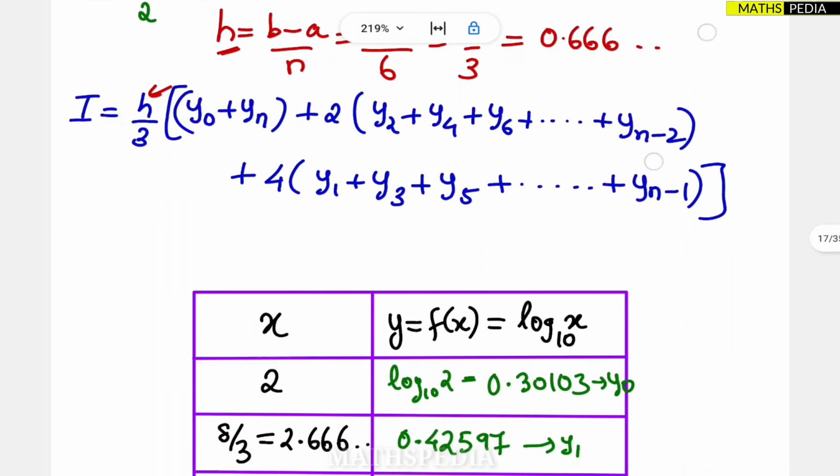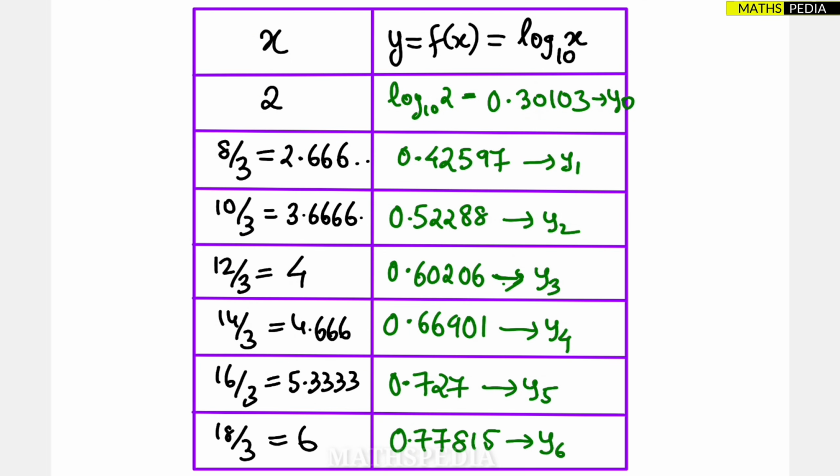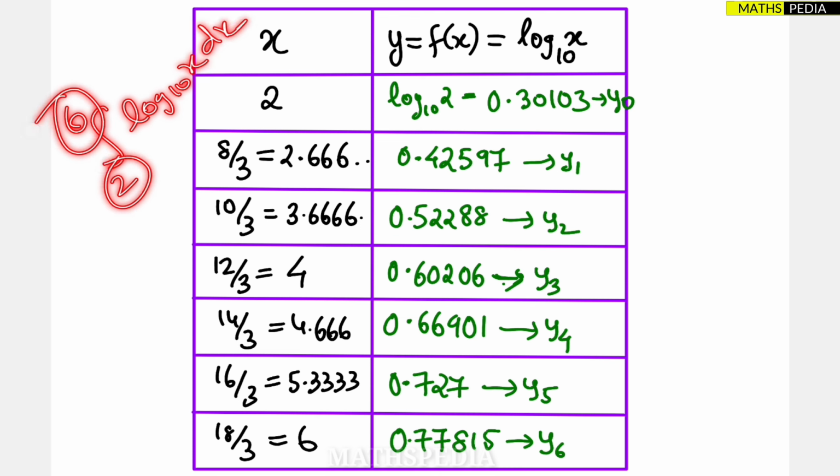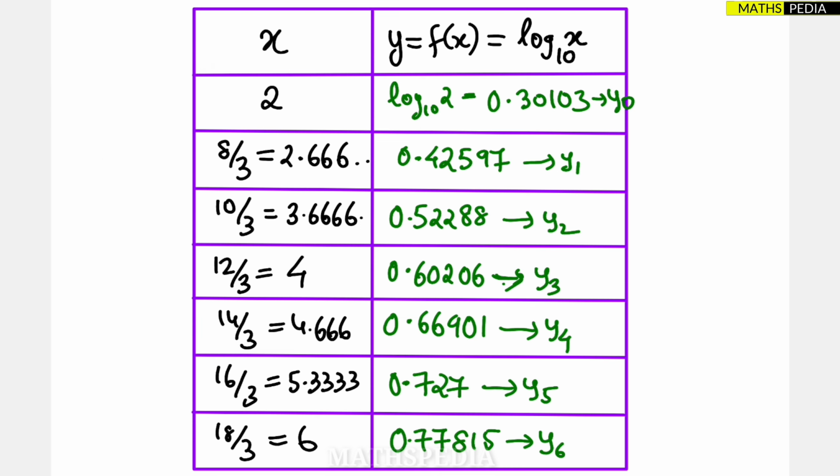Now we will form the table. How to form the table? We first take x, then y is equal to f of x, that is log base 10 of x. Starting with 2, we have to go till 6, because the question was the integral from 2 to 6 of y dx, or from 2 to 6 of log base 10 x dx. We go from the lower limit to the upper limit, but with what step? The width, which is the h value.